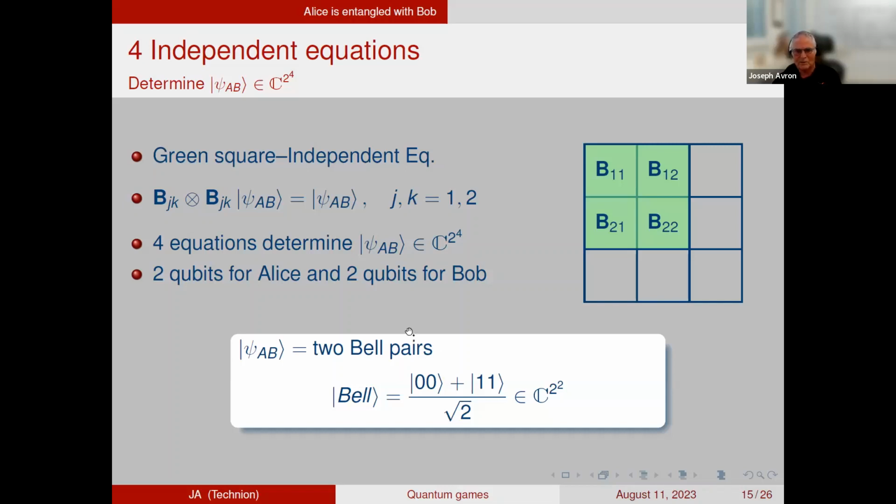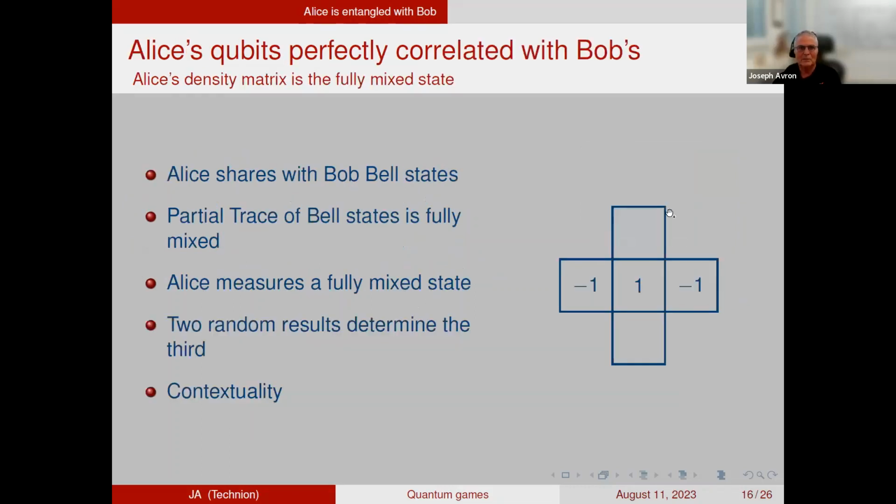So now you see that if Alice and Bob have a product of 2 Bell pairs, they are guaranteed by this equation that on the intersect they will always agree. So we showed that we will win the game always.